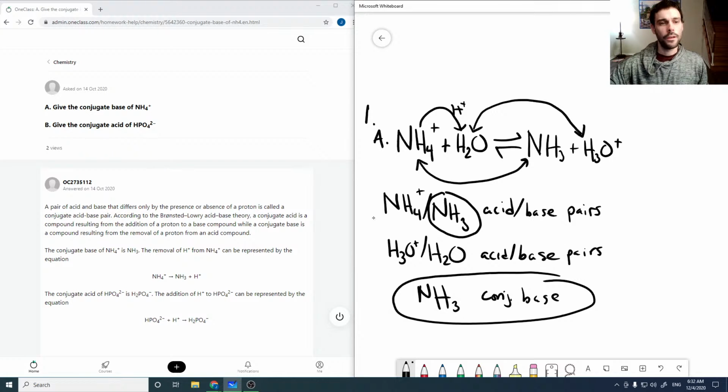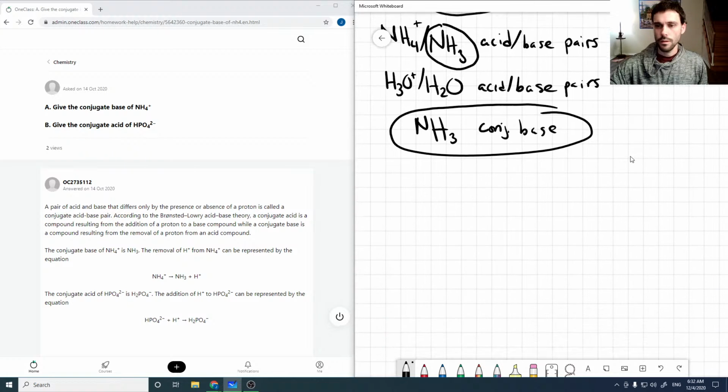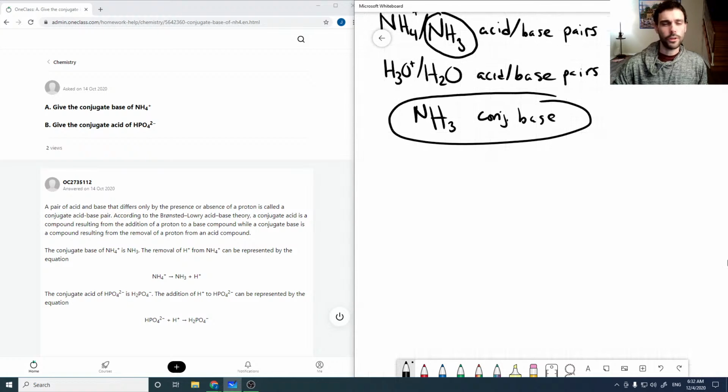Okay. Give the conjugate acid of HPO4 2 minus. So for conjugate acid, then we're talking about a base reaction here.